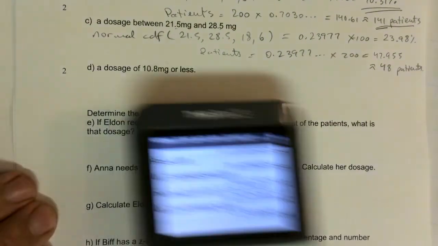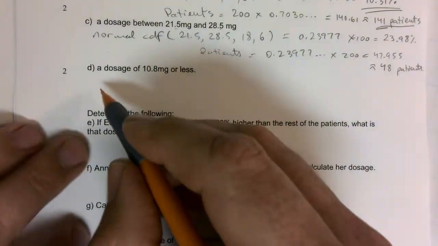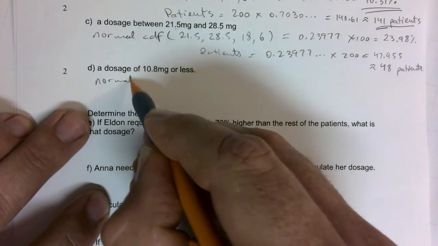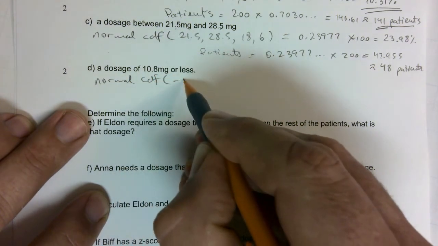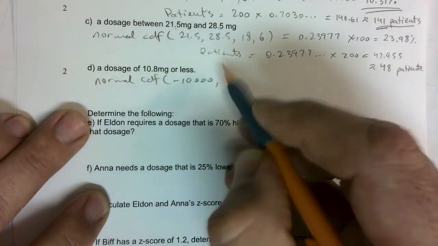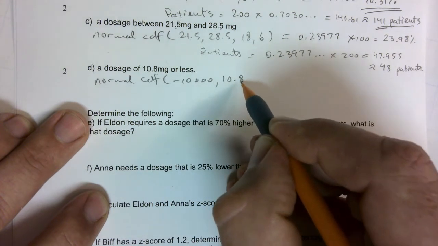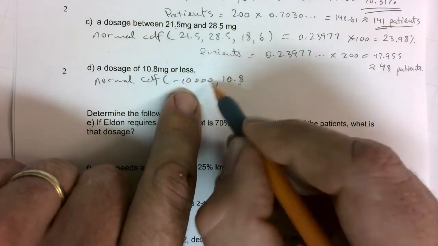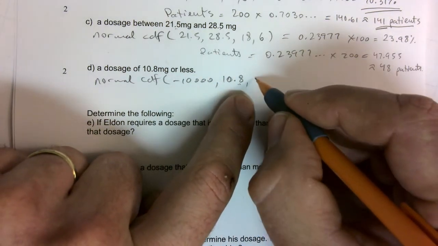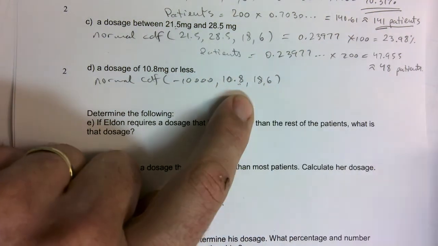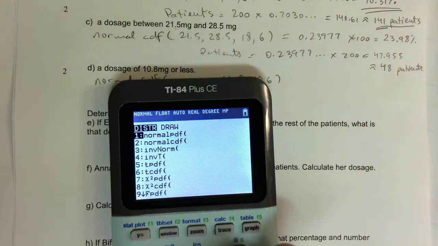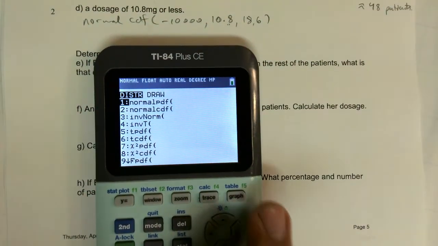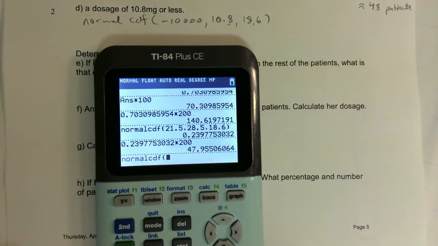A dosage of 10.8 milligrams or less. So normal CDF, negative 10,000, because you want 10.8, which is the greater or less, but you always have to have the less on the left. And so this is 18, 6, second vars, normal CDF.